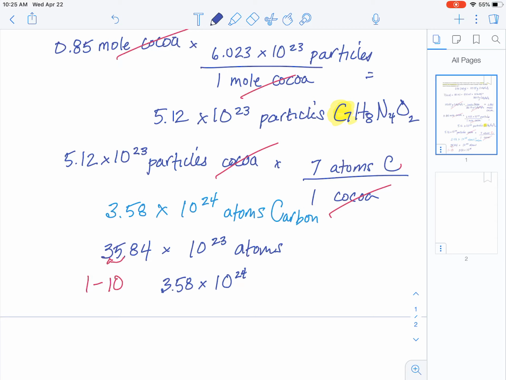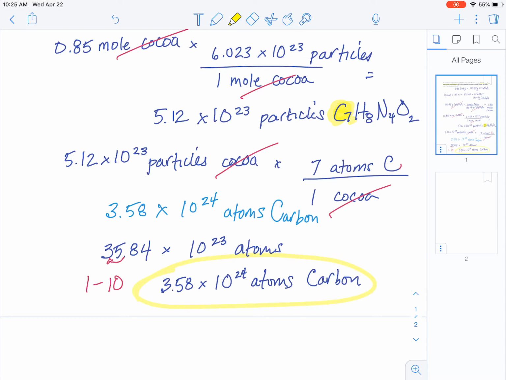So 3.58 times 10 to the 24th atoms of carbon is technically the same thing as 35.84 times 10 to the 23rd atoms. If you were to write them out, they would be the same number, but it's not correctly written in scientific notation. So the correct answer would be that answer.